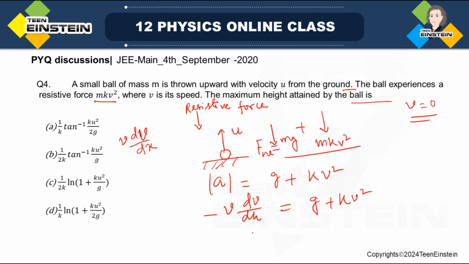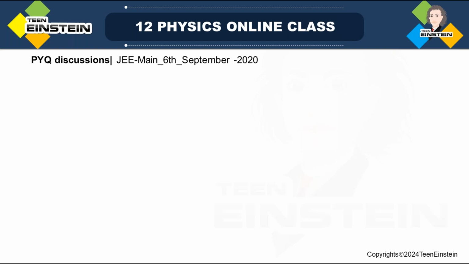Let us integrate this. So this is anyway minus v dv divided by g plus k v square, and that is equal to dh. And I can take the integration. Since there is a negative sign on the velocity side, I'll take the limit as u to 0.